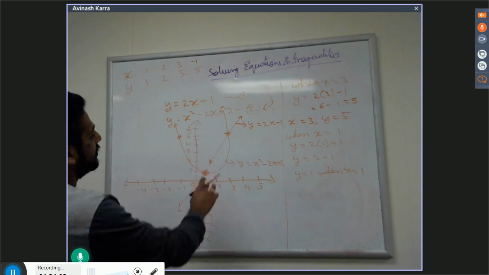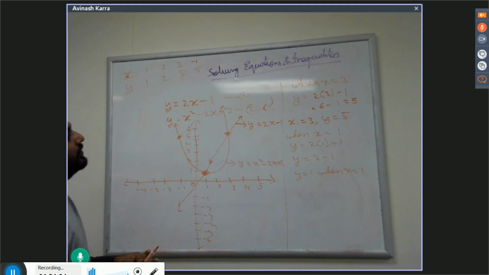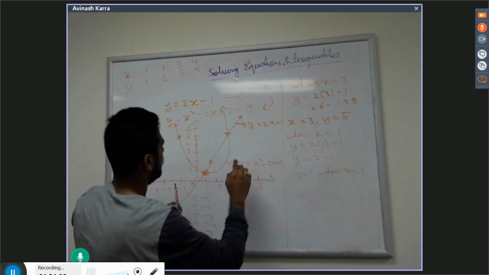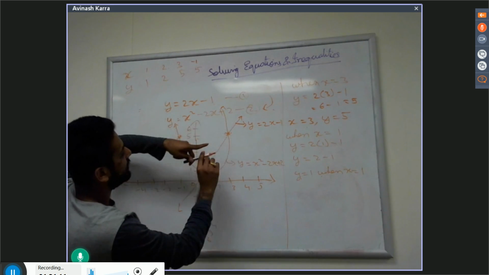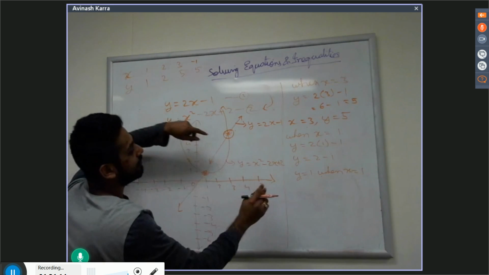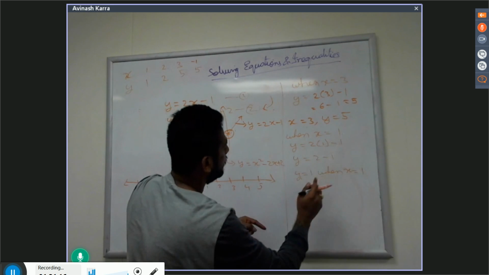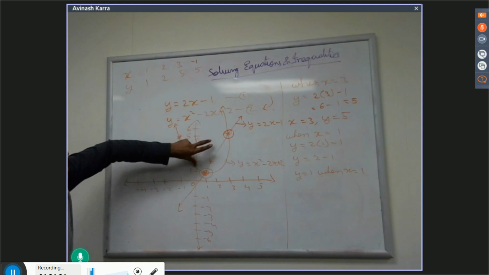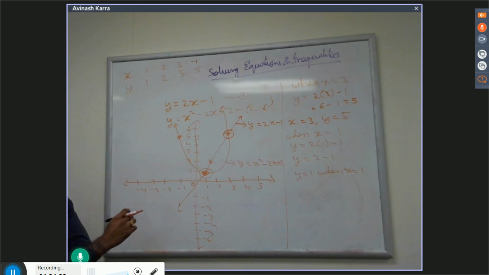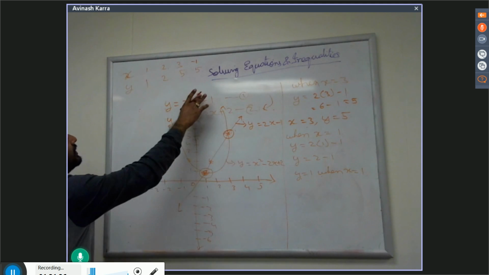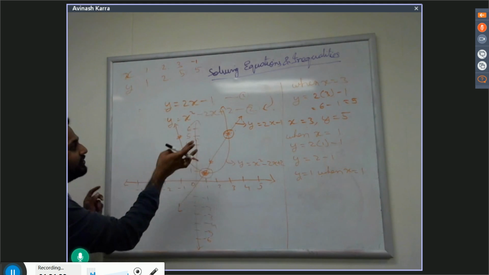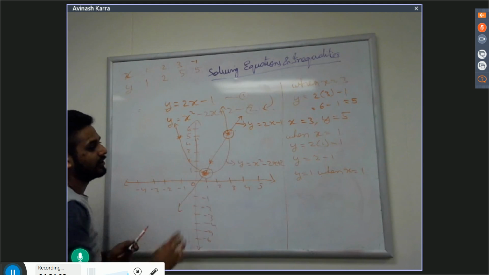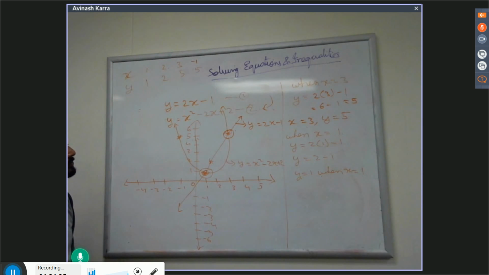And when you solve the equation, you got 2 points, right? When x equal to 3, y is equal to 5. When x equal to 1, y equal to 1. These are the points where they intersect. So these are the points where both equations are satisfied. Did you understand what I'm saying?